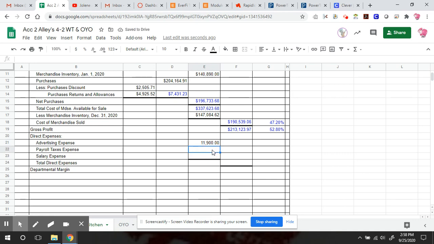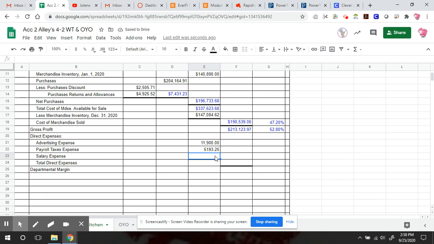Payroll taxes expense. This is only for the people who work in this department, no other department. This is not for general management or anybody like that. It's only people who work in the kitchen department.